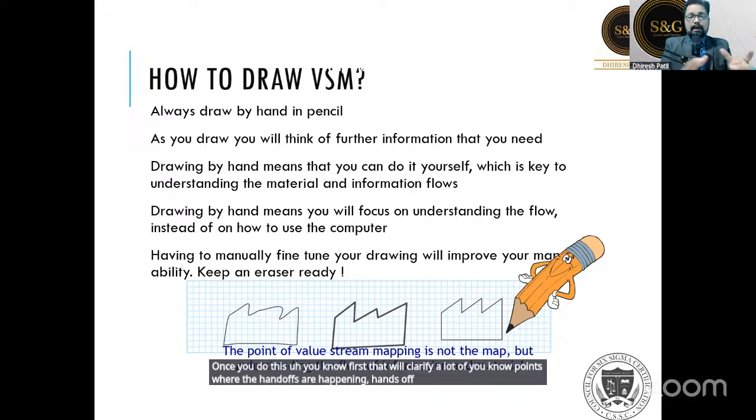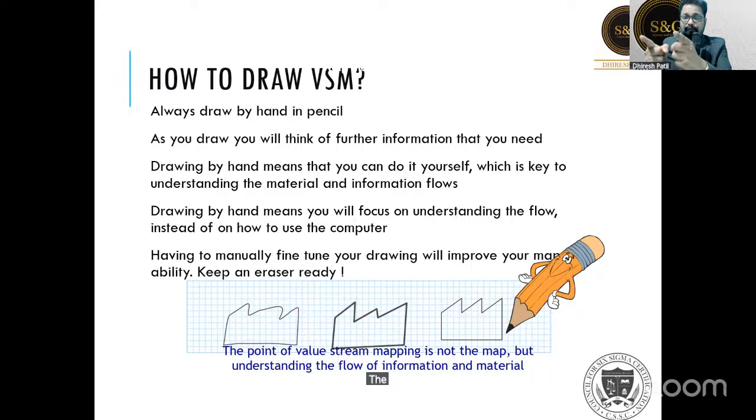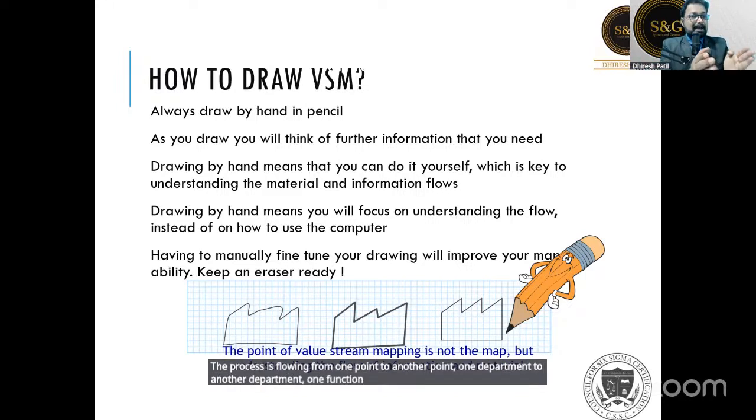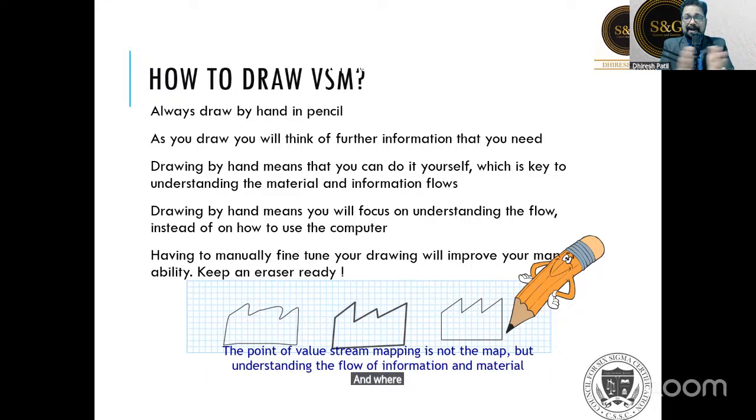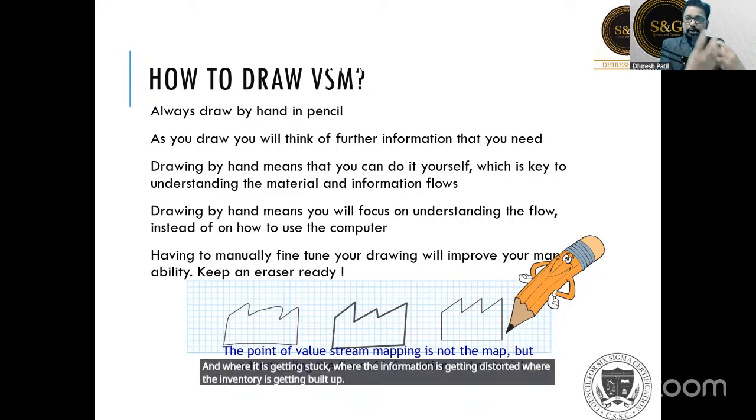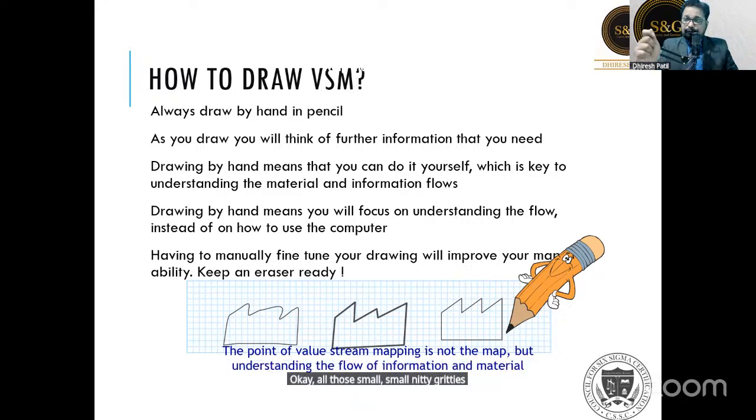Handoff meaning the process is flowing from one point to another point, one department to another department, one function to another function. And where it is getting stuck, where the information is getting distorted, where the inventory is getting built up. Okay, all those small nitty-gritties you can find out if you flow with that entire value stream.